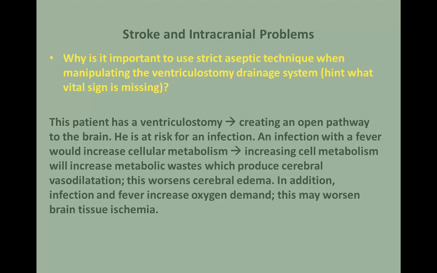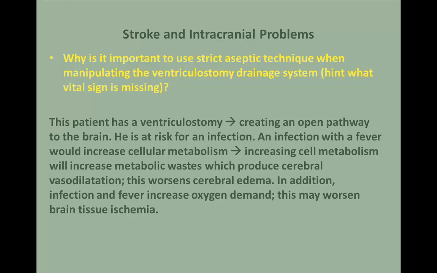Now, you might say to yourself, well, there is also a problem with the brainstem. If the brainstem is not operating the respiratory system very well, recall that the brainstem is also the seat of thermoregulation. And patients, even if they have no ventriculostomy, if their temperature goes up, if they become hyperthermic, that can be a result of the brainstem not functioning well.